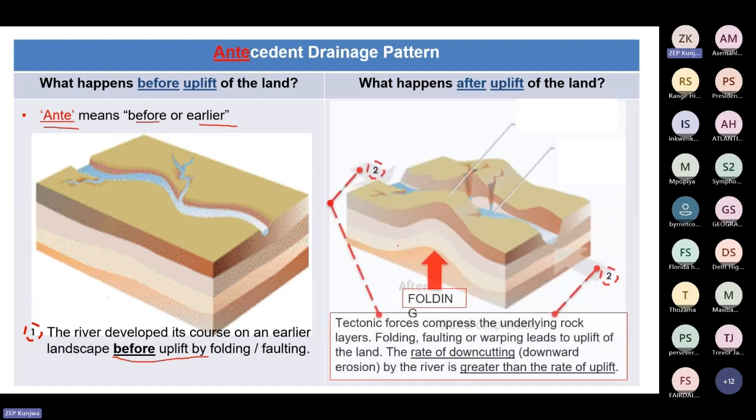Now, after that, look at folding there happened. You see? So look at now the channel is deeper. The tectonic forces are compressing the underlying rocks, and this is your grade 10. Then folding and faulting will start to happen and uplift the land. Now the river is going to increase the rate of downcutting, which is the vertical erosion, because during this process the river is going to be disturbed and the landform is going to be changed.